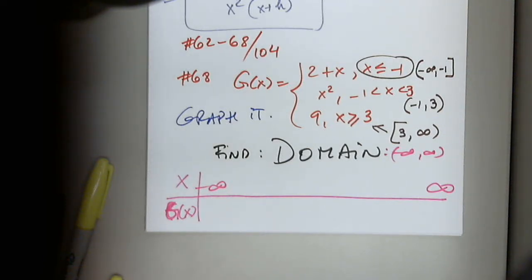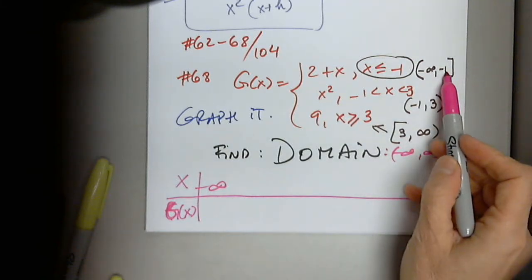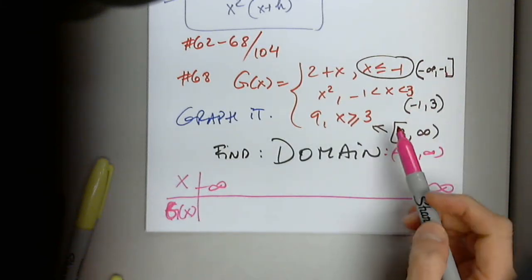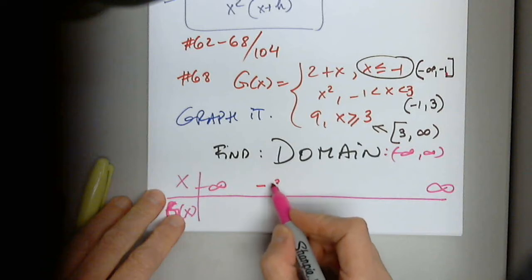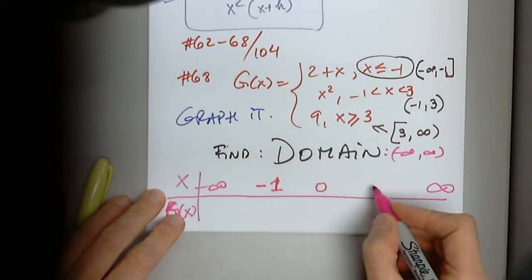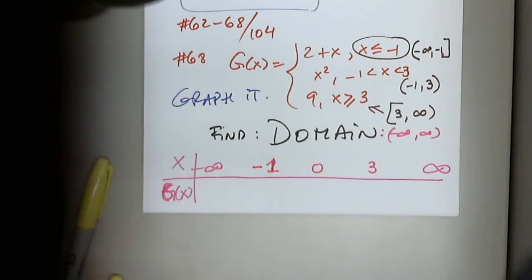Okay. These key numbers, -1 and 3, must be in the table. 0 must be in the table always, but in this case, these are the 2 key numbers, -1 and 3. Here's what I'm going to do next, and it comes from the interval notation. Under -1, to the left, I see a bracket. To the right, I see a parenthesis.